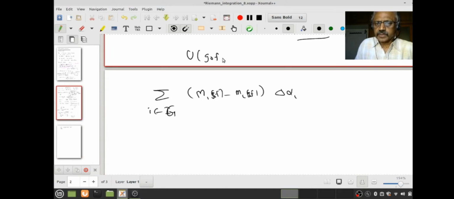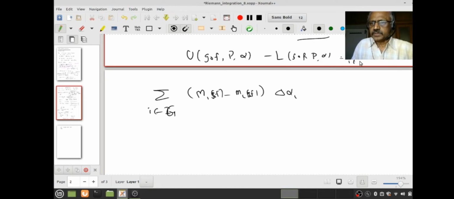U(g∘f, P, alpha) minus L(g∘f, P, alpha). I write this as the sum over I in G plus the sum over I in B. I want to know how to make this less than something times epsilon. Now remember, over the good indices, all we know is that Mi of f minus small mi of f is less than epsilon.